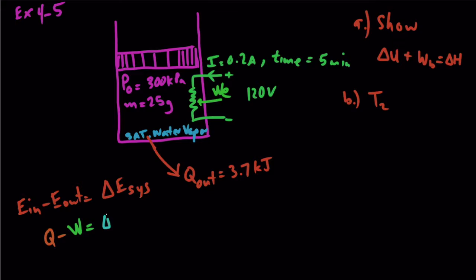Well, what is the change of energy? It's the change of internal energy plus the change in kinetic energy plus the change in potential energy. And these we assume are zero. Why do we assume they're zero? Well, we're not given any velocities, and for these problems the piston, in order to have equilibrium, we have to move it slowly.